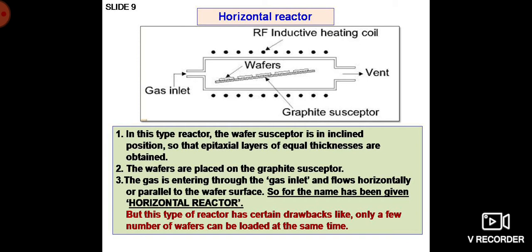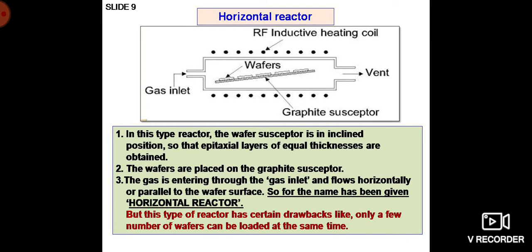So the name horizontal reactor has been given. Please keep in mind that due to such a horizontal flow of the gas over the wafer surface, it is called a horizontal reactor.